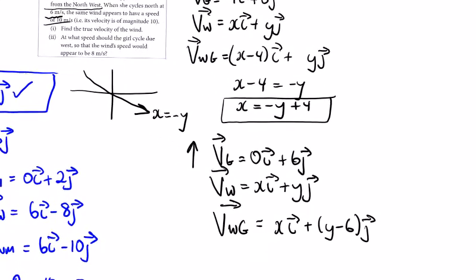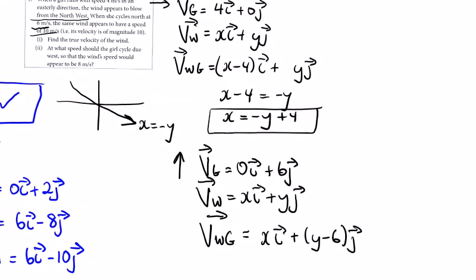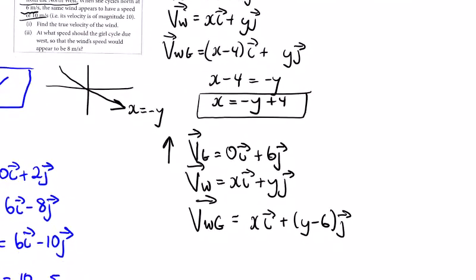We're told the same wind appears to have a speed of 10. Find the true velocity of the wind. So when she cycles, it appears to have a magnitude of 10. So the square root of x squared plus y minus 6 squared is equal to 10.